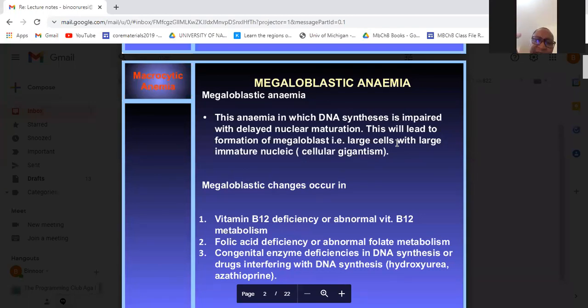The main causes of megaloblastic anemia are B12 and the folates. Their main role in the body is to make DNA. So when they're making that DNA, because they are lacking or they are not there, you end up having an impaired formation of the nucleus where the DNA is contained.